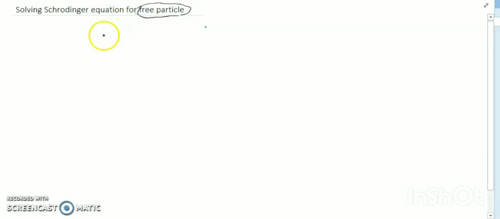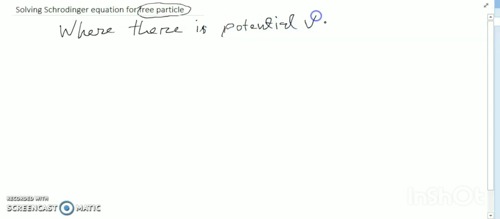Free particles are those where there is a potential V equals 0. So friends, V equals 0.